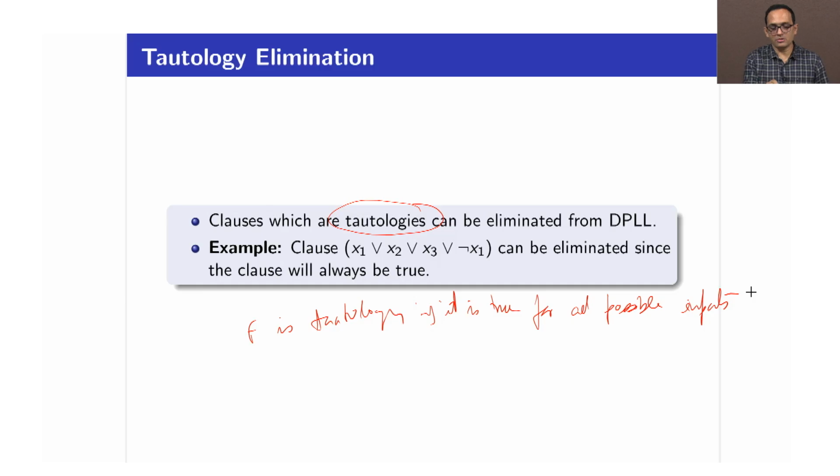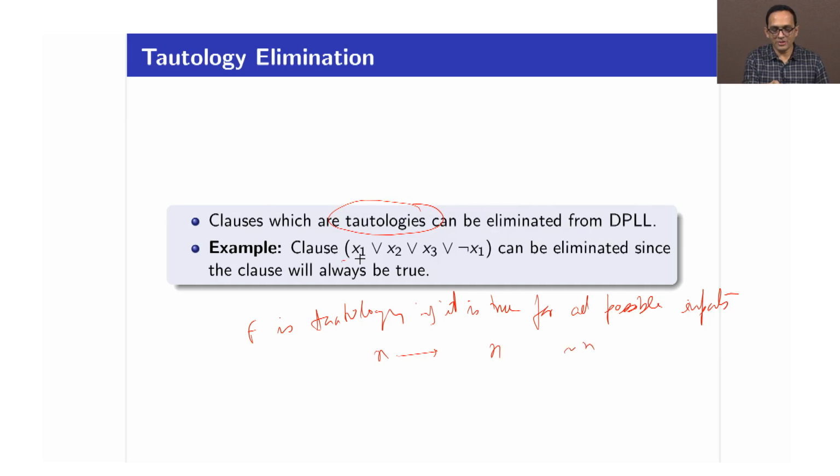So, now we are concerned about the clauses and the formula. So, we will basically try to see whether any of the clauses is a tautology. So, when can a clause be a tautology? If that particular clause considers some variable x, it contains both x and not x, right.